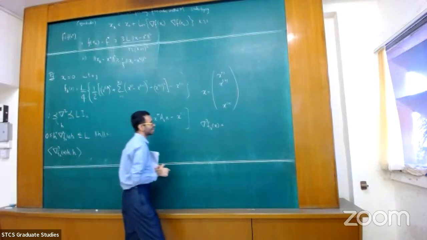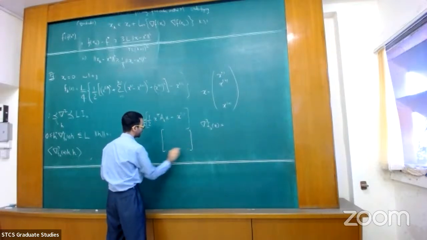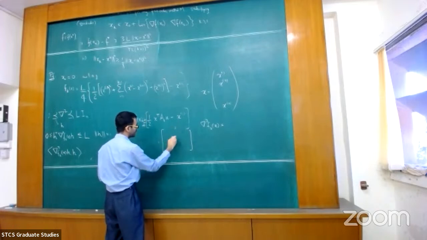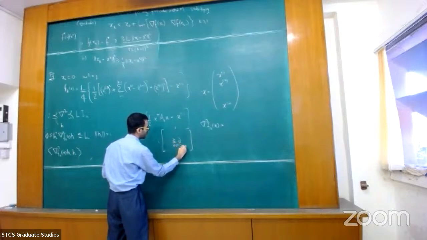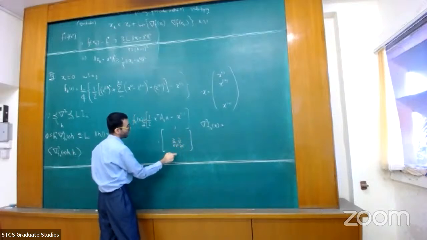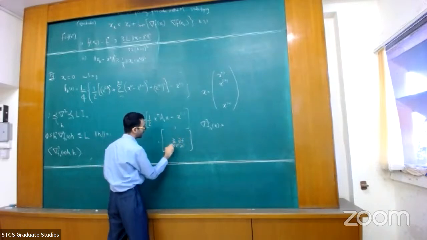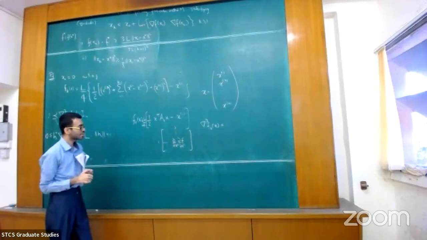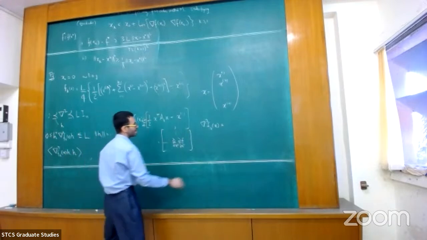The Hessian matrix is this matrix where the ij-th term is this: you take your function and differentiate it with respect to xi and xj, the partial derivatives.